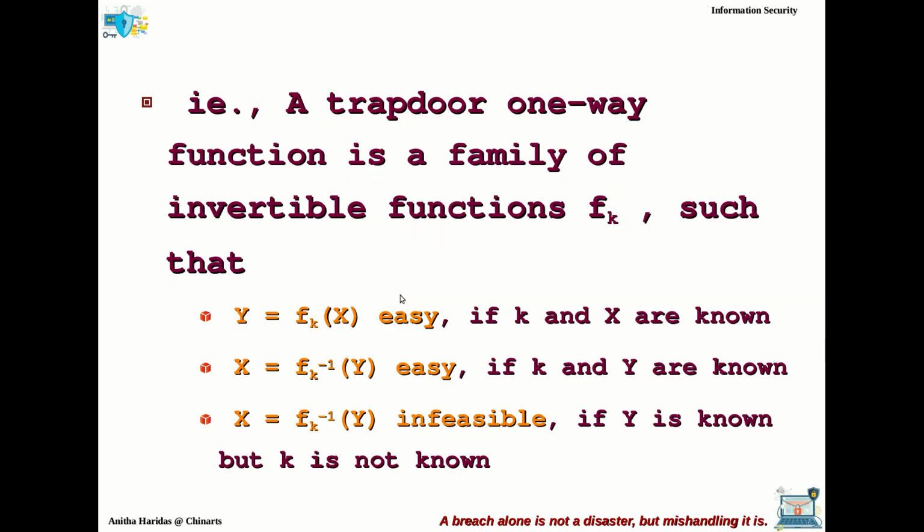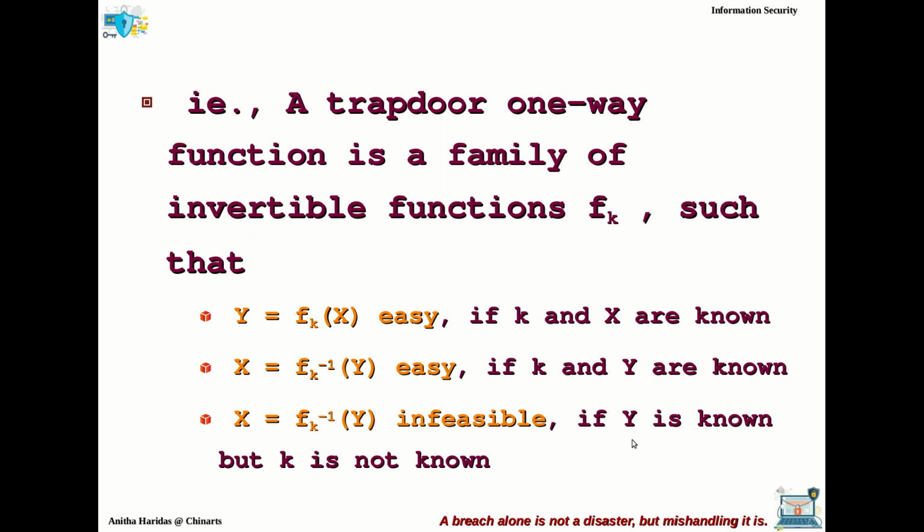Now here, if you have a function fk of x, k is a known value and x is a known value, so you can easily calculate this function. This is calculated in one direction. In the inverse direction, if you know k and y, then it is easy.